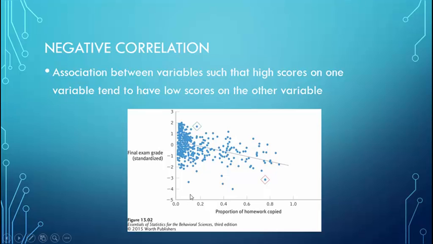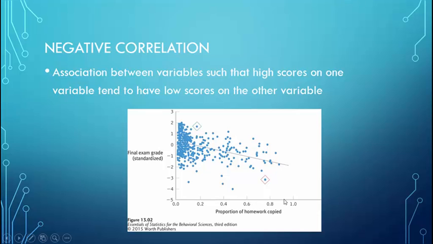So what do we have here? The less homework people copy, the higher their grades tend to be. And the more homework students tend to copy, the lower their grades tend to be. So this is a negative or inverse correlation. When you're low on one variable, like low on proportion of homework copied, you're higher on the other one, final exam grade.